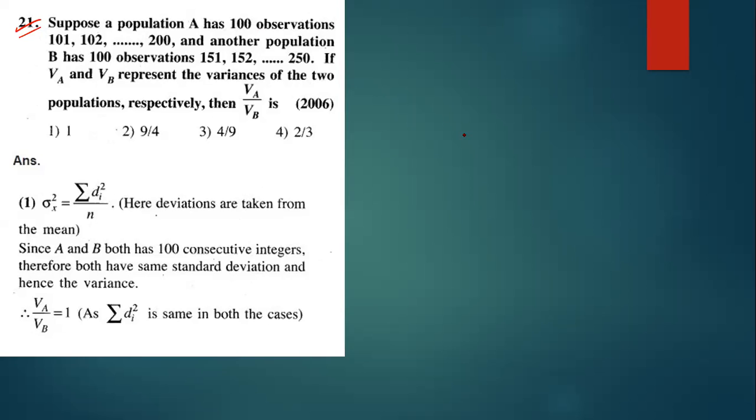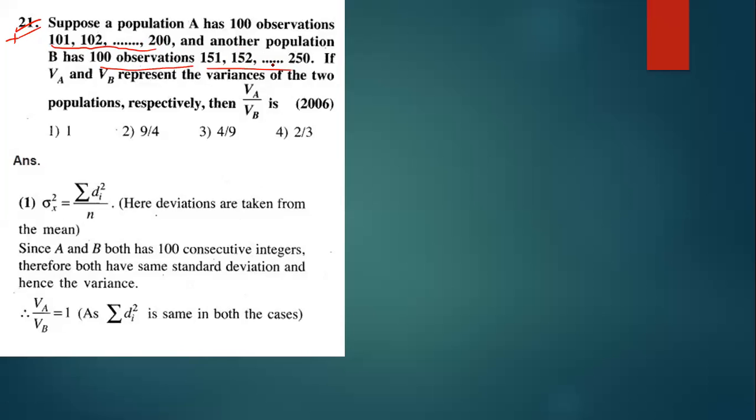Okay, fine. Now, see, this is a very, very important model question. Suppose a population A has 100 observations: 100, 101, 102, up to 200. What you are observing, these are consecutive numbers. And another population B has 100 observations: 151, 152, and so on up to 250.